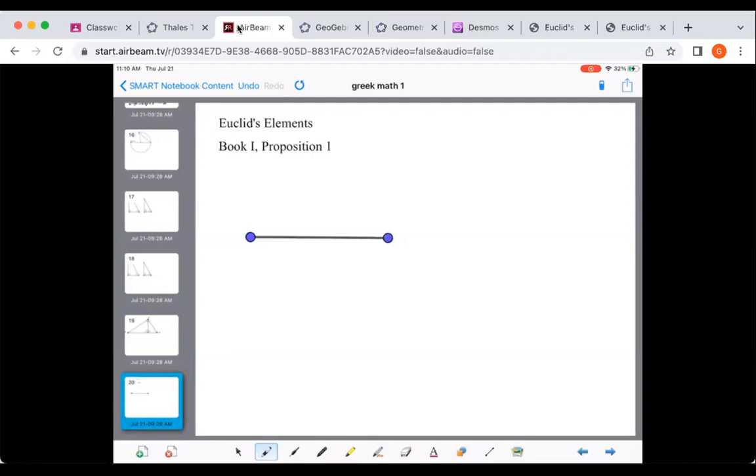Now, the construction tools are 2 things: a compass and a straight edge. A straight edge does not mean the same thing as a ruler. A straight edge is literally like a ruler, but with no markings on it.